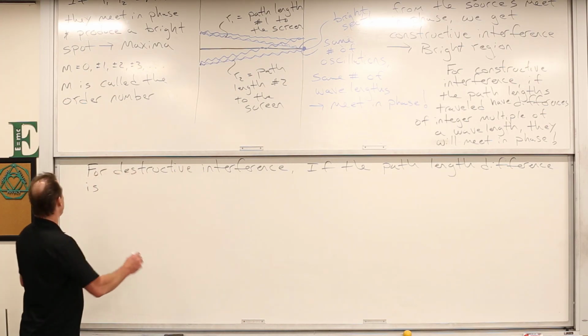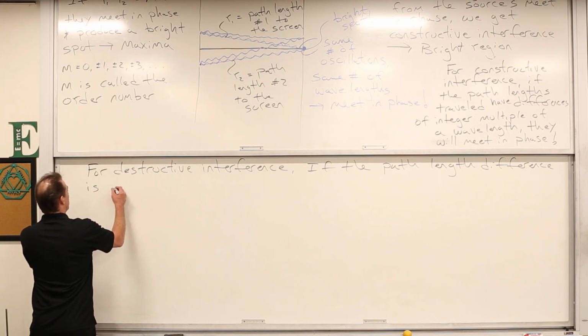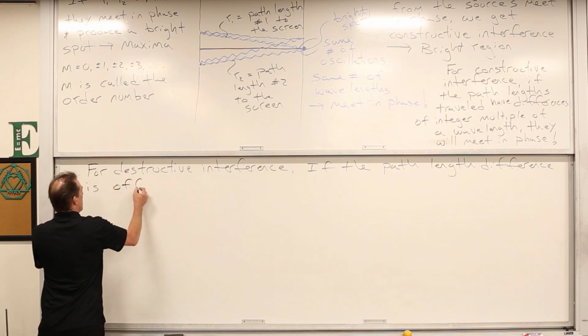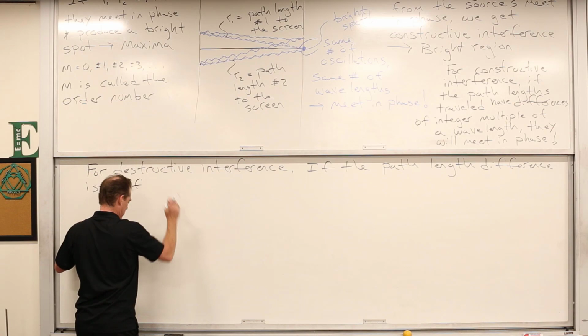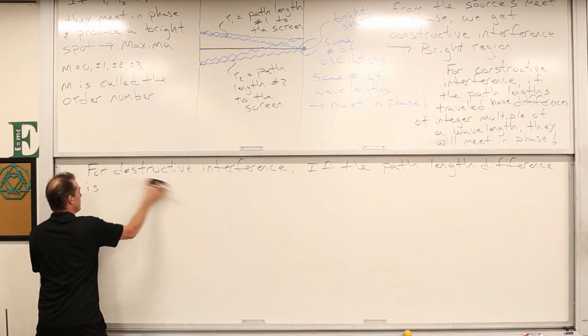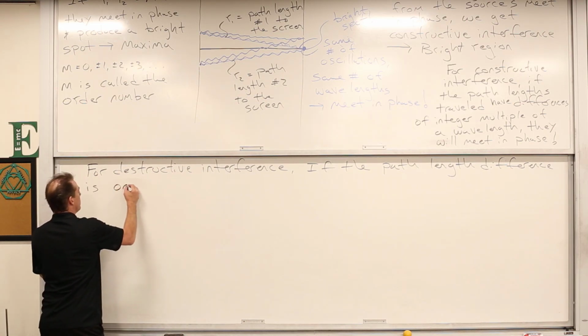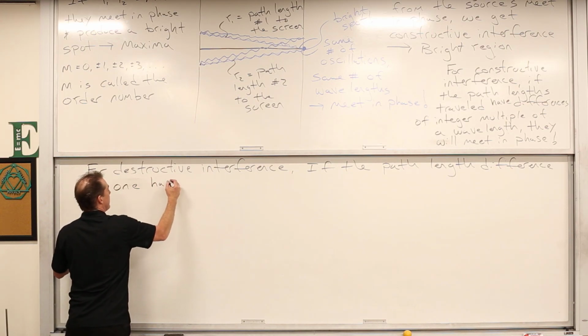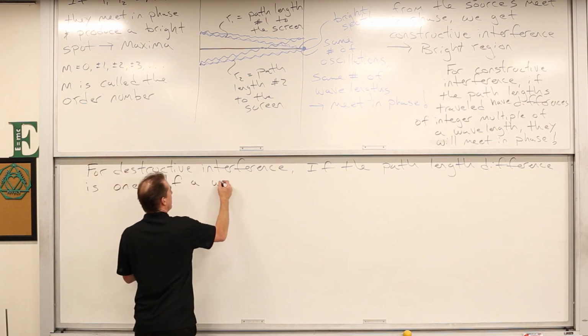the path length difference is, say, 1/2 a wavelength.